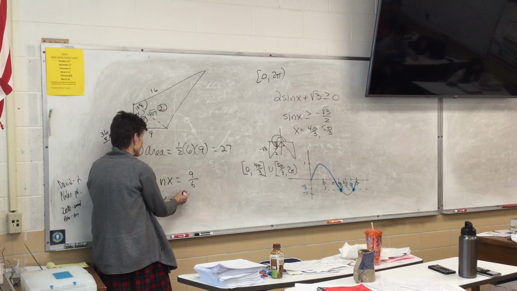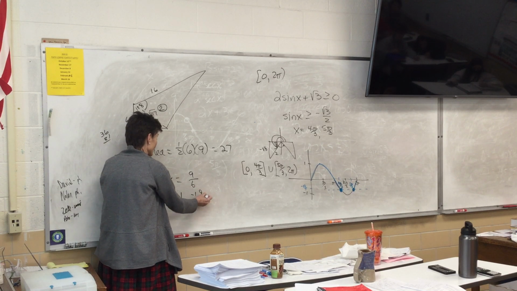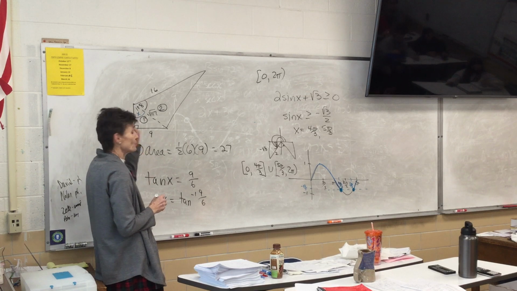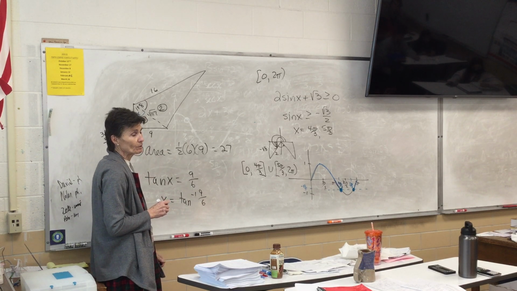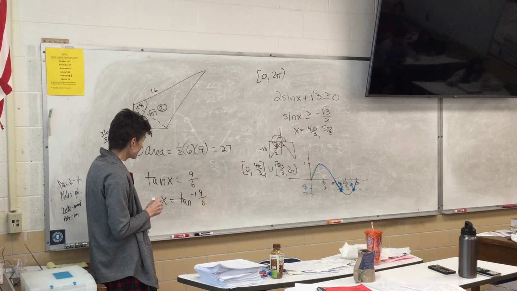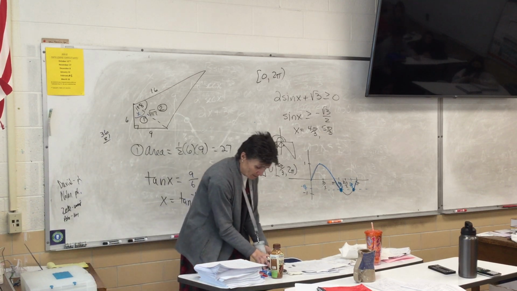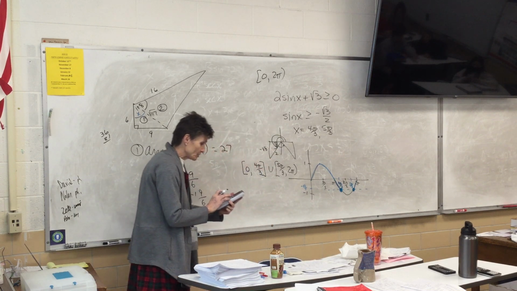And then second tangent that. You could absolutely use the law of sines if you wanted to. Actually, you could use the law of cosines if you wanted to. But this is just the easiest. And what is that? Make sure you change back to degrees.